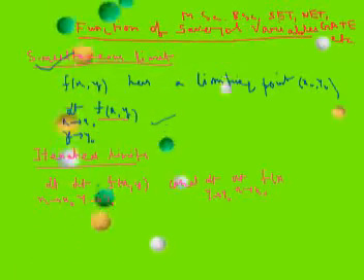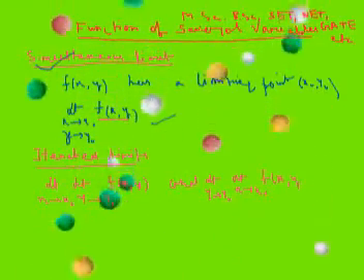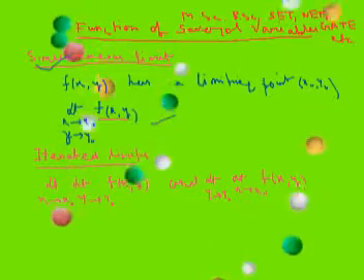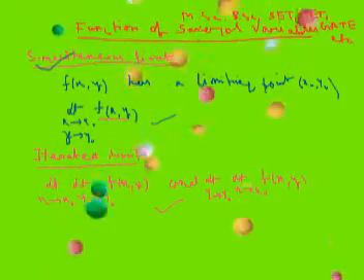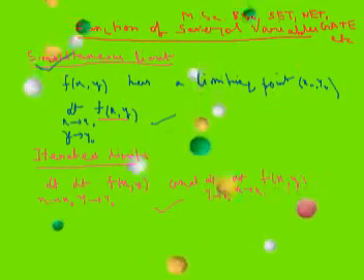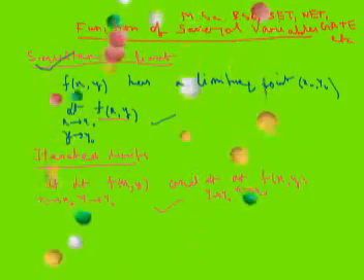These two types of limits are iterated limits. Both have the limiting point (x0, y0). So this is the introduction to simultaneous limits and iterated limits.